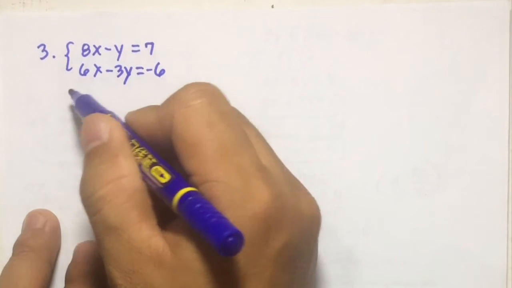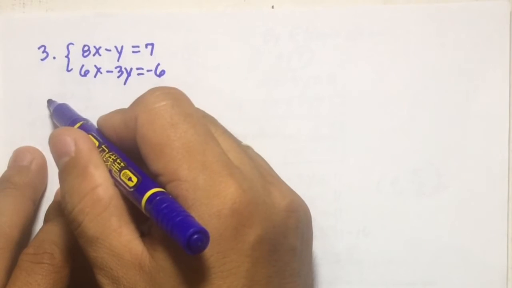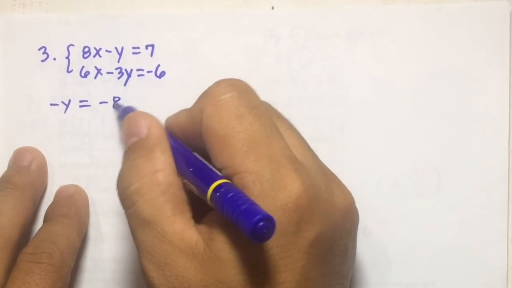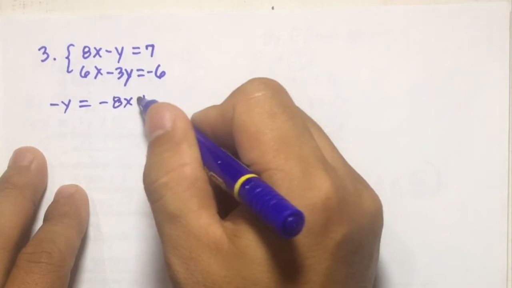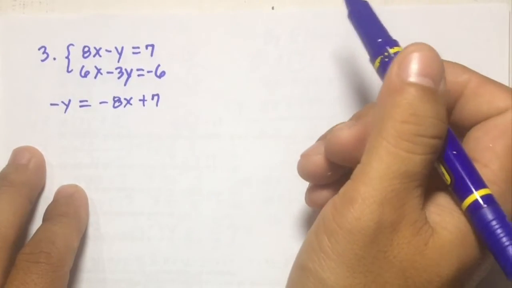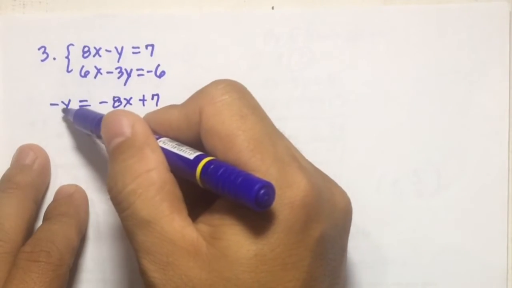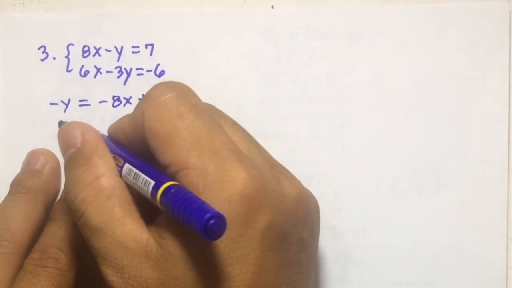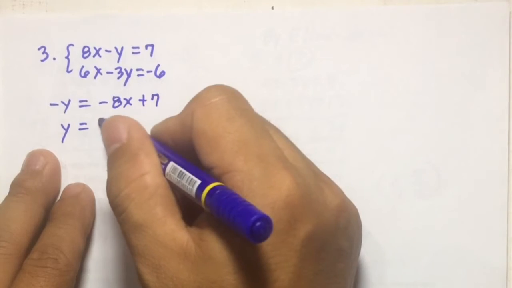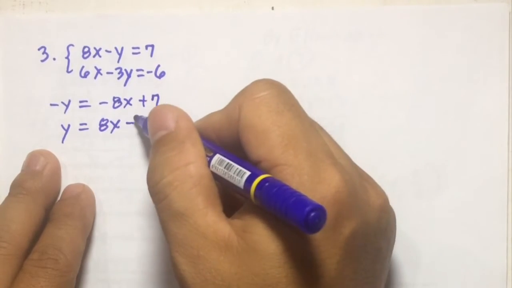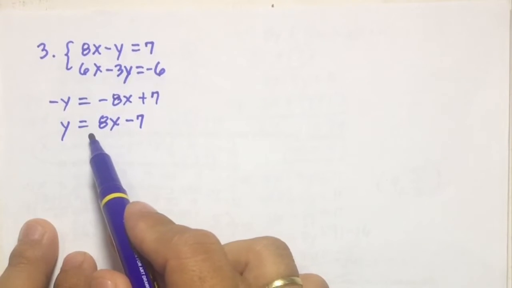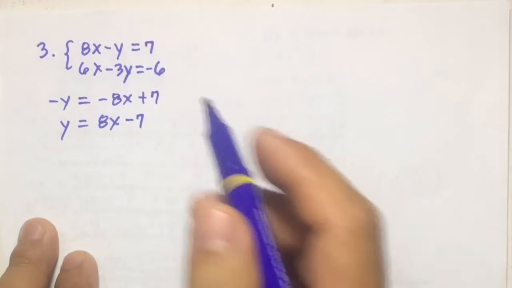So expressing that one in y, we are going to have negative y equals negative 8x plus 7. Then make this one positive by multiplying the equation by negative 1. We're going to have y equals 8x, then this is minus 7. So this will be the value of y that we're going to use in equation number 2.